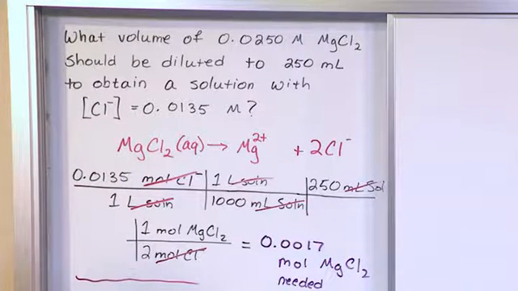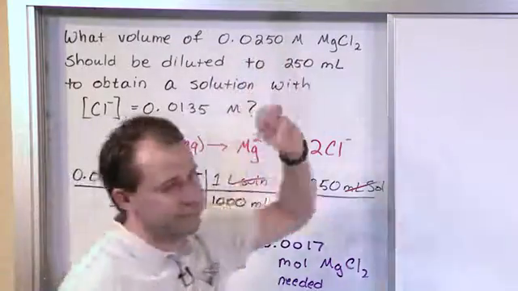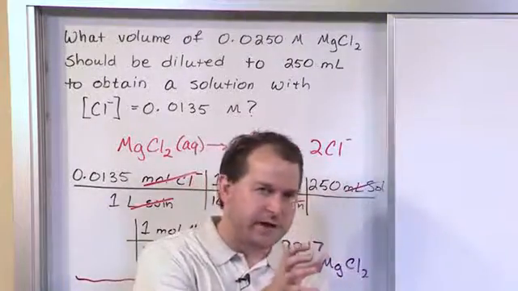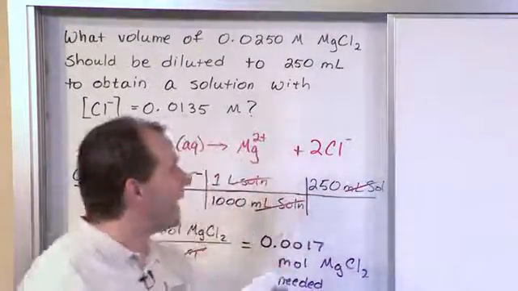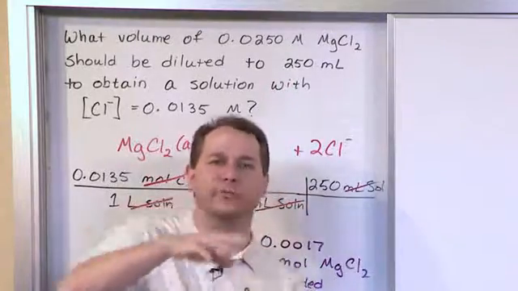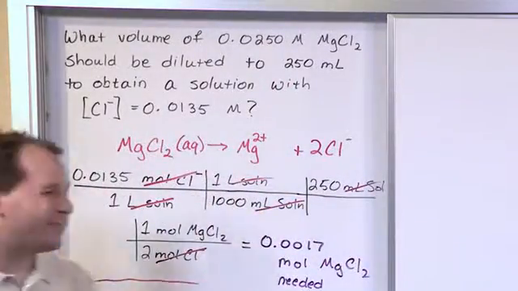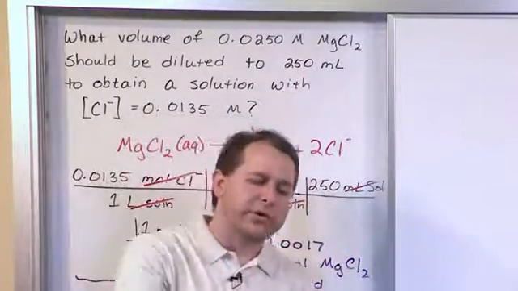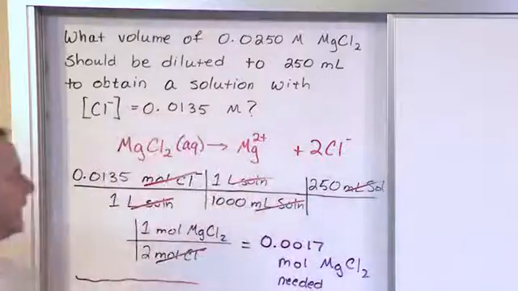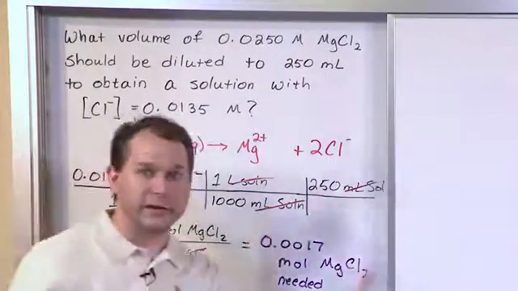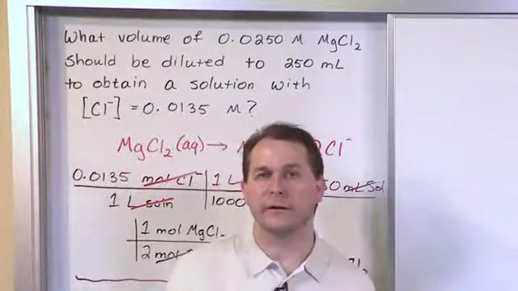So what it basically means is if we go to the cabinet and take 67.5 milliliters of that solution, and then we dilute it, which means we add water to bring it up to 250 milliliters. So that's diluting the solution. Once we get to that point, the chlorine concentration should be 0.0135 moles per liter, which is molar concentration.